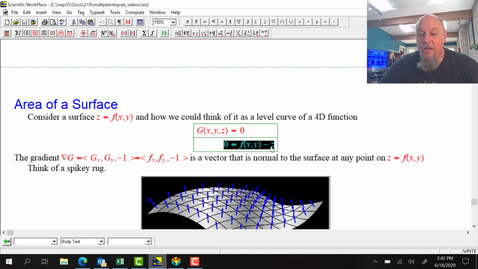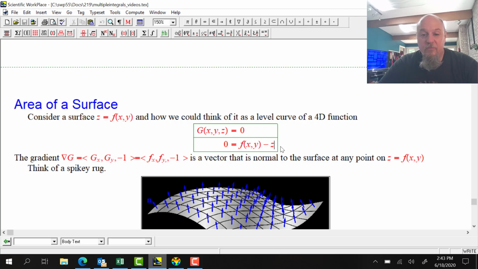And I know that the gradient of that is normal to the surface. So let's get the gradient of that function. Well, we're differentiating the function with respect to x, with respect to y, with respect to z, and the derivative with respect to z is always going to be minus 1. The derivative with respect to x is just the derivative of this function with respect to x, f sub x.